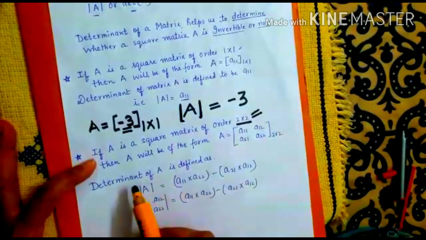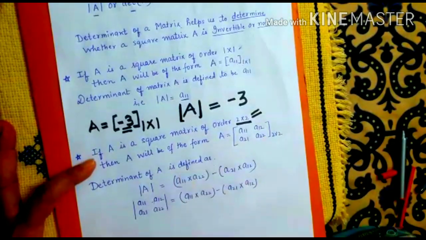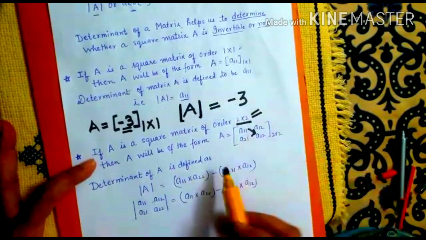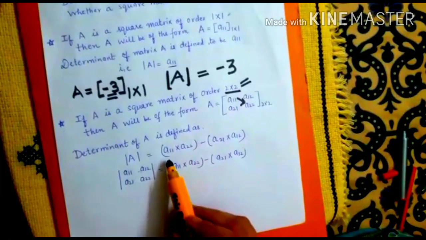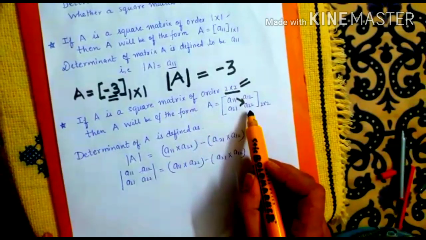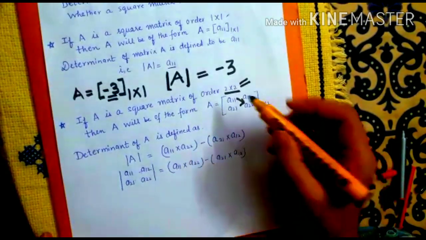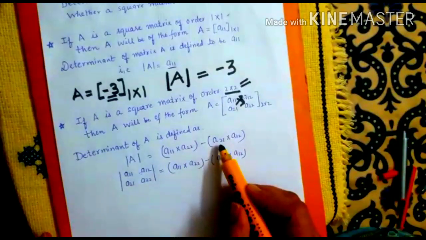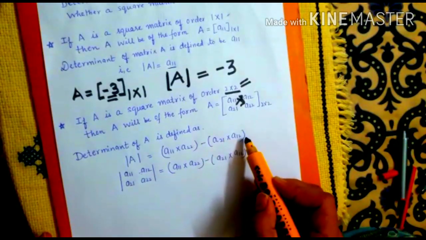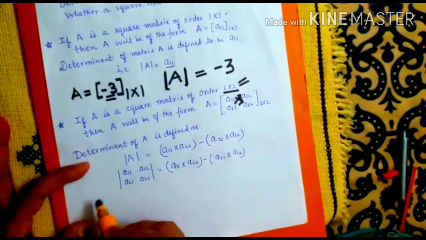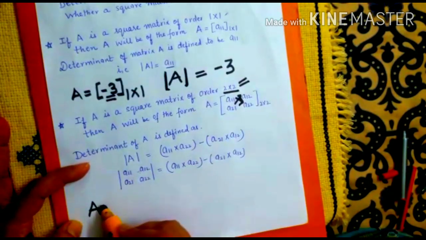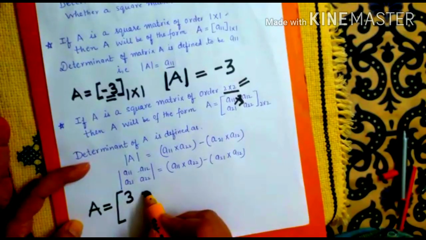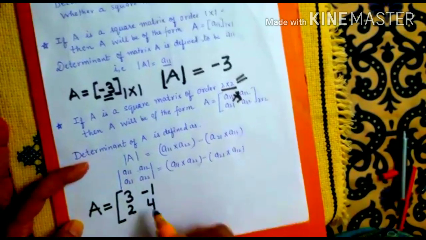In this case, determinant is defined as the product of these two elements, that is A11 into A22, minus the product of these two elements, that is A21 into A12.